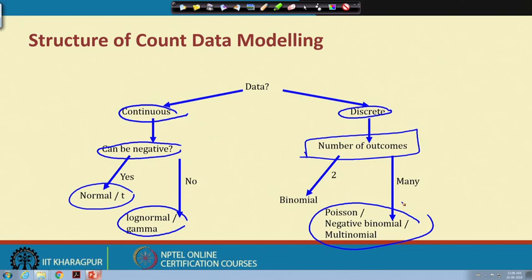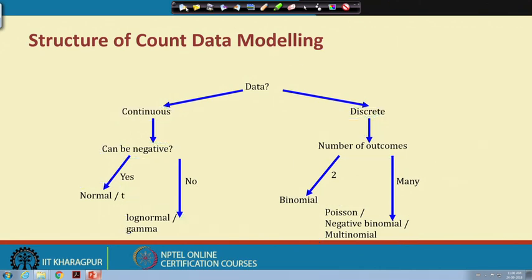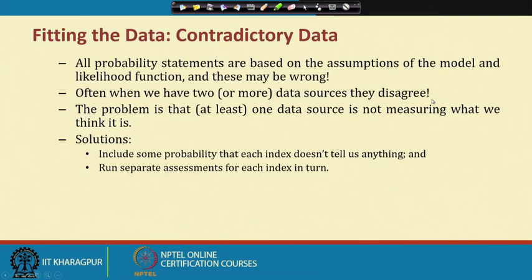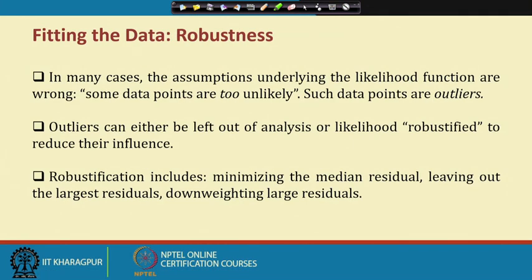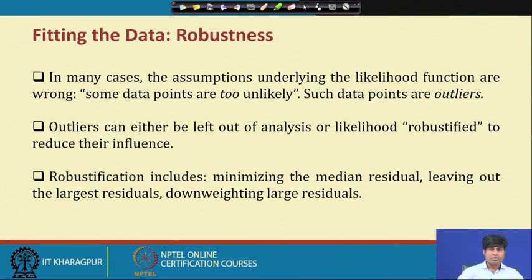That is the beginning with respect to count data modeling. What I would like to highlight here is that I will bring some examples where we can connect with Poisson regression modeling and negative binomial regression modeling.